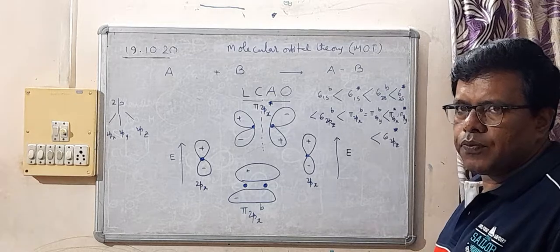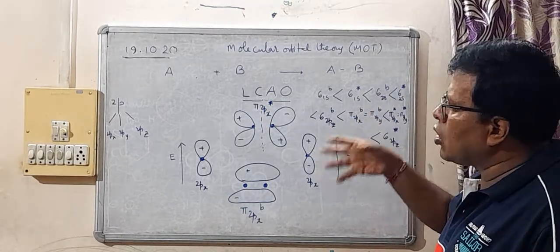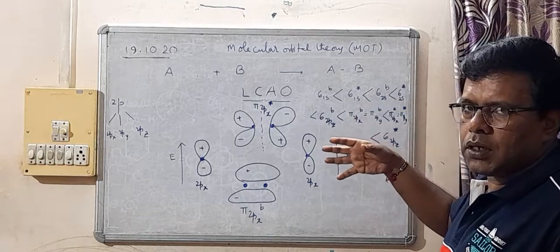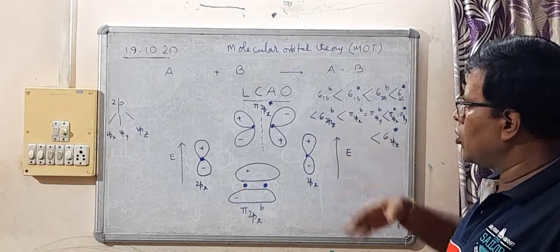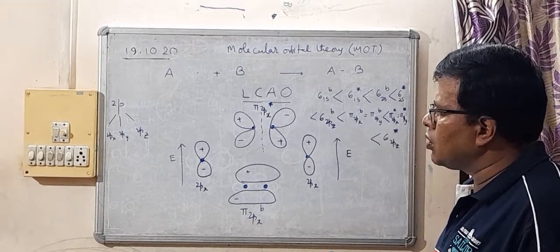So now we will do molecular orbital treatment of some individual molecules. To begin with, let us do the hydrogen molecule, the simplest molecule.